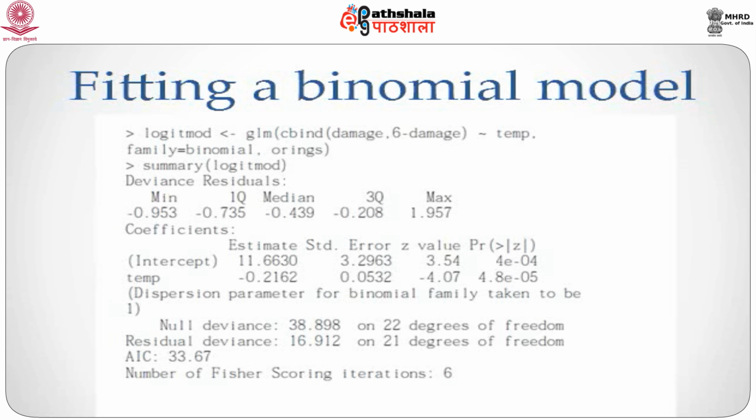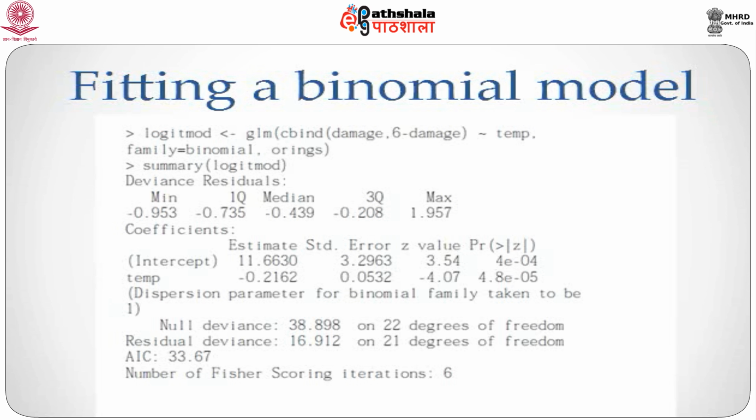So in the first line of code, we have used the GLM function to fit a logistic regression to the O-rings data set and stored it in the object logit-mod. We next run a summary of the logit-mod object to get the corresponding coefficients.